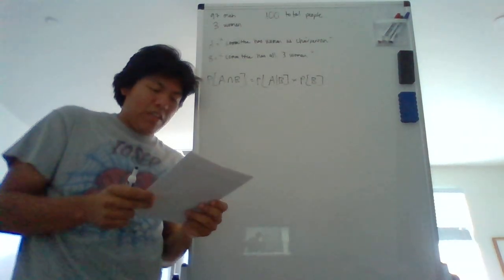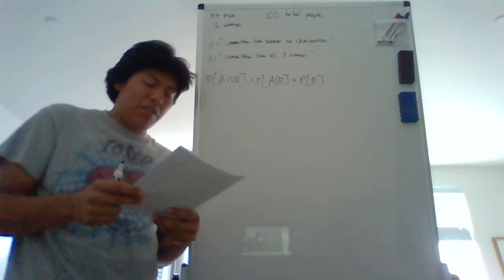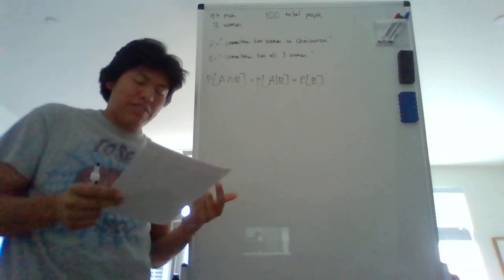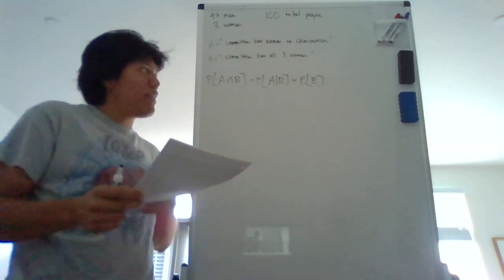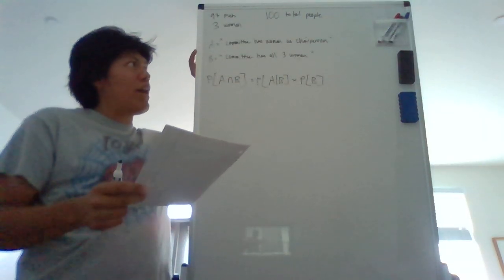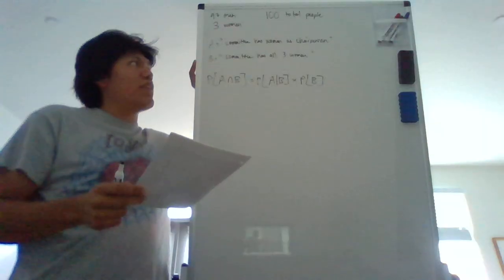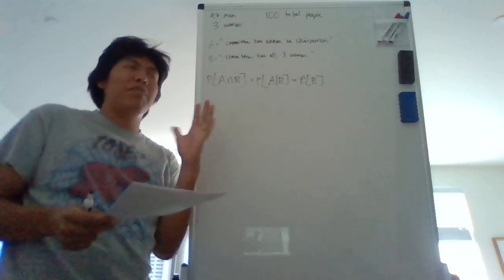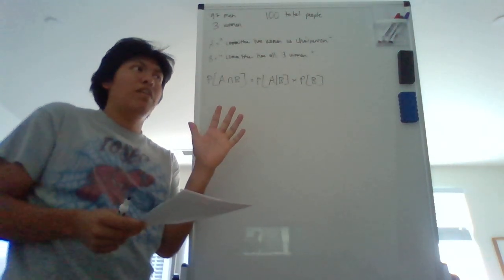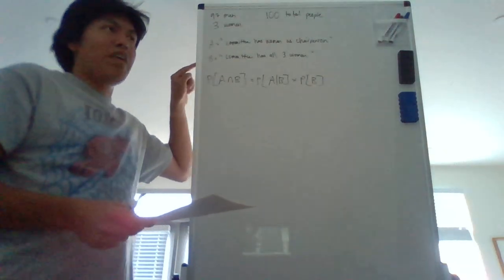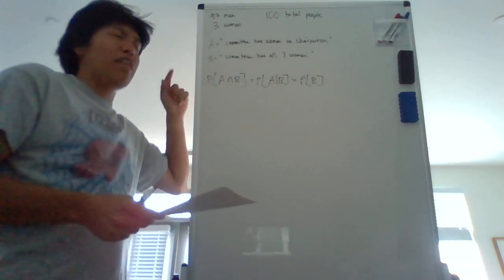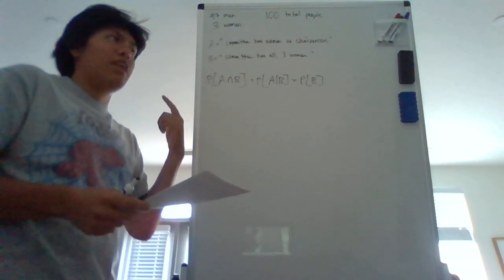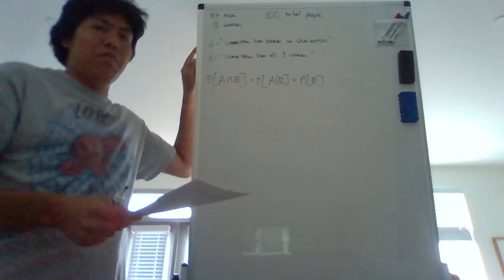Okay. So what is the probability of A given B? So if we were to read that out, what is the probability that a committee has a woman as a chairperson, given that the committee has all 3 women? Well, if a committee can only have 5 people, and we're given that the committee has all 3 women, then that means that there is a 3/5 chance that the committee has the woman as a chairperson, right?